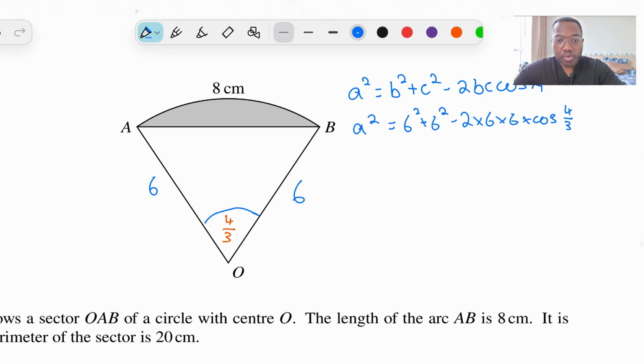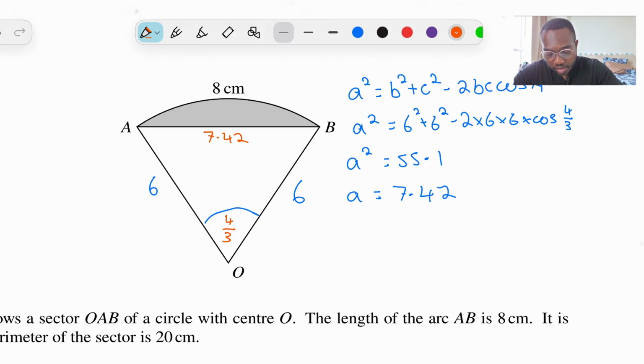And if you were to work all that out and put it into the calculator, you would get 55.1, to one decimal place. And then if you square root that, you get A as 7.42. So now we know that this line AB is 7.42.